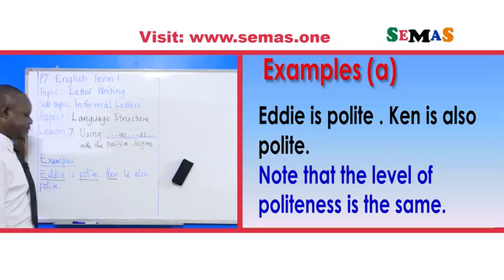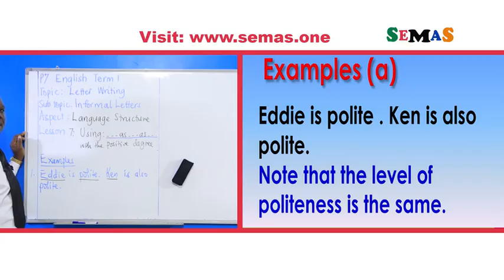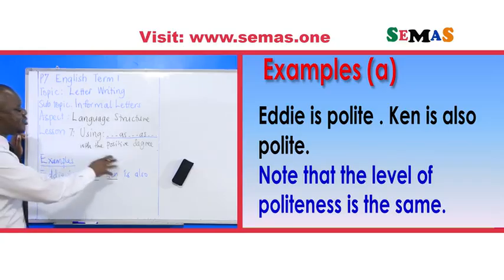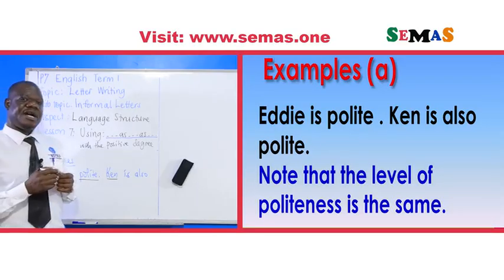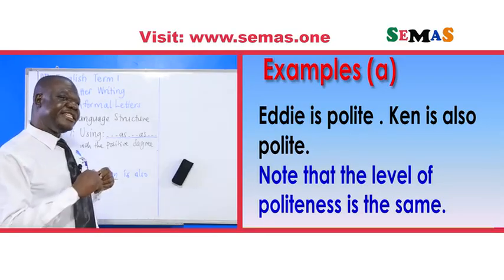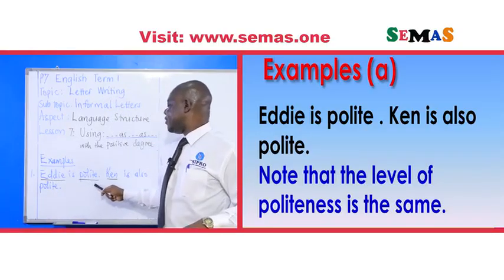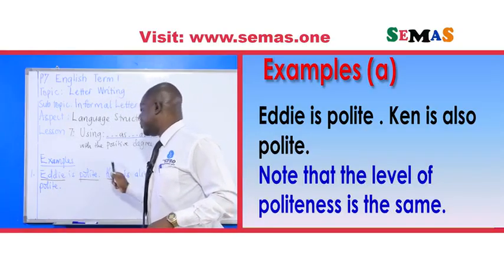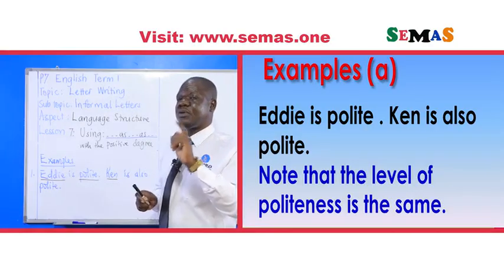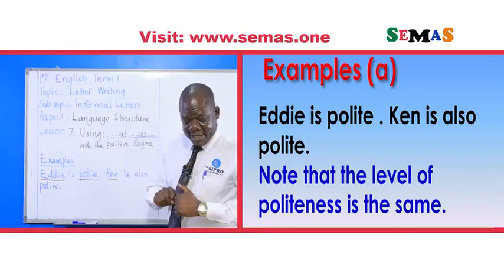Polite. Okay? So, these two sentences are telling us that the degree of politeness, the level of politeness of these two people, is equal or is the same.